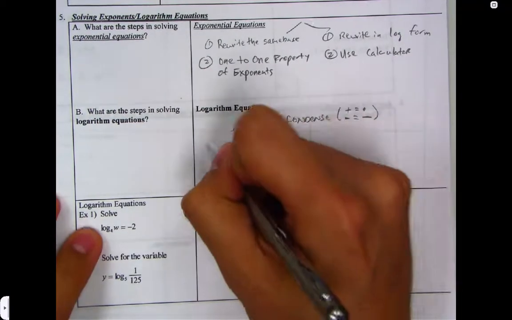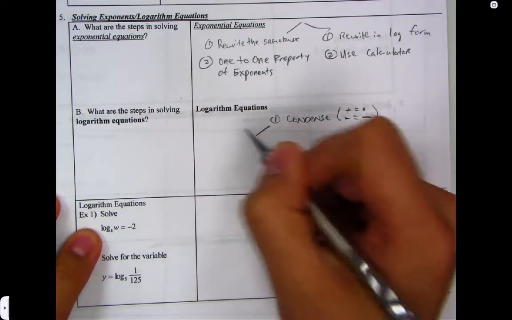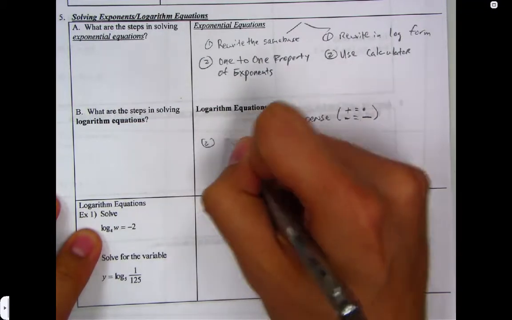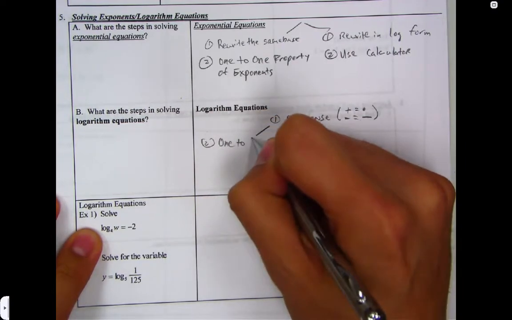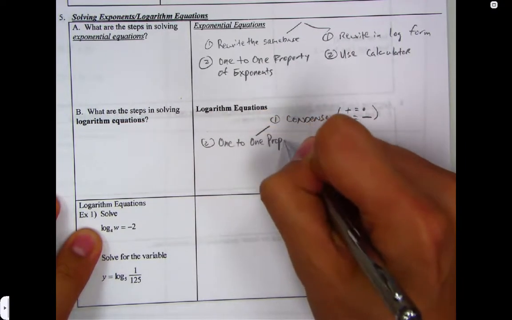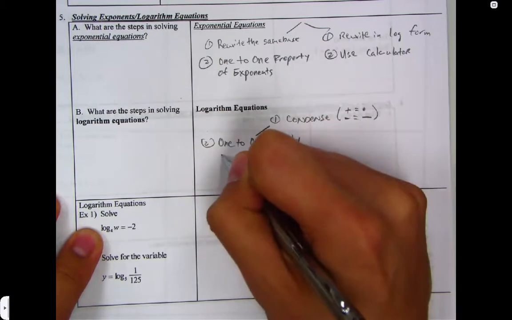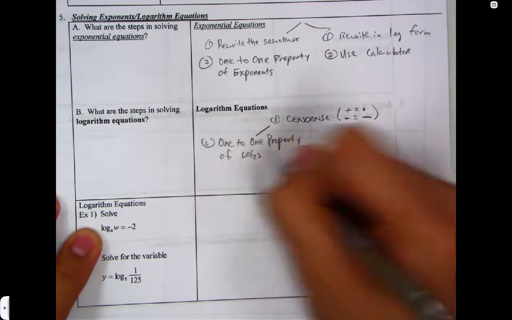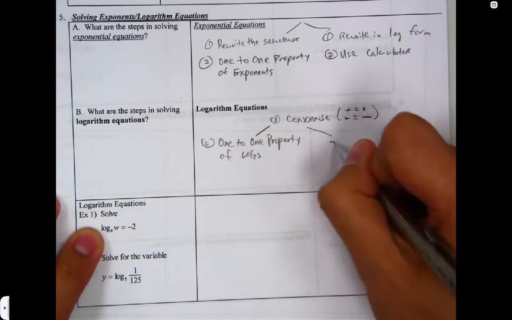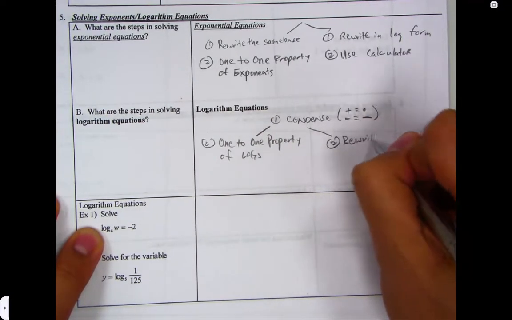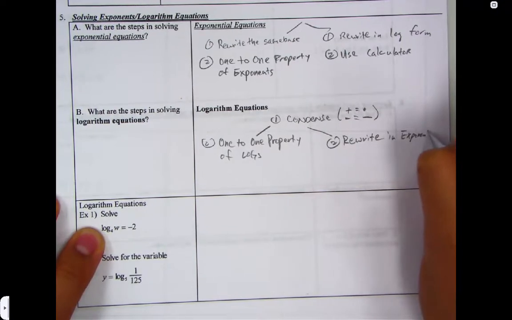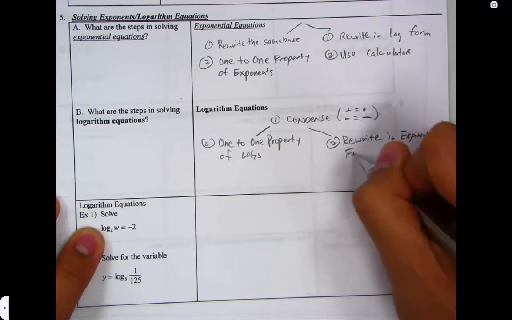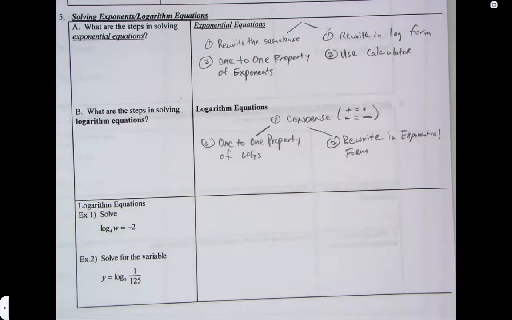The second step is to use the one-to-one property of logs, or to rewrite in exponential form. And then you do your algebra 1 from there.